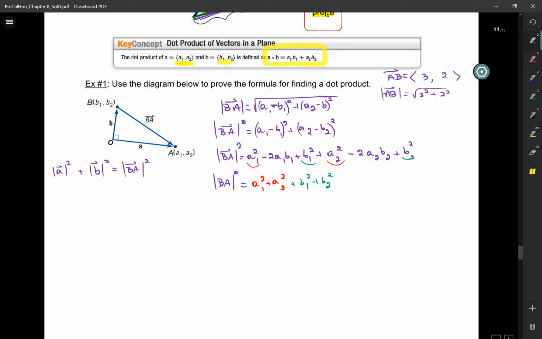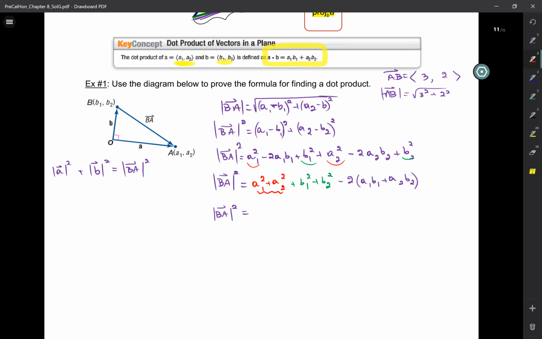And then minus 2 times, I'm going to factor it out, A1 B1 plus A2 B2. Okay? Now, take a look at the red, A1 squared plus A2 squared.